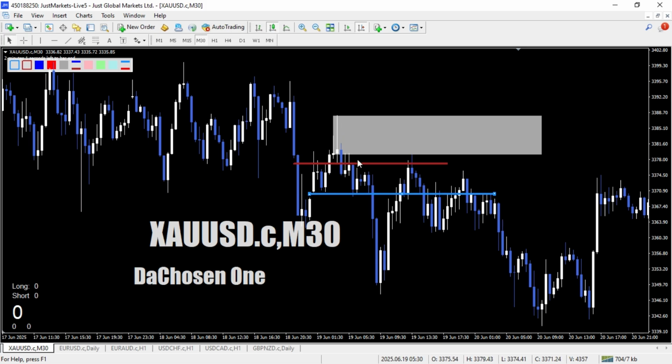A high, a higher high, left shoulder, break of structure, a bearish engulf, although it was not fresh. Price came back, tested, and dropped.